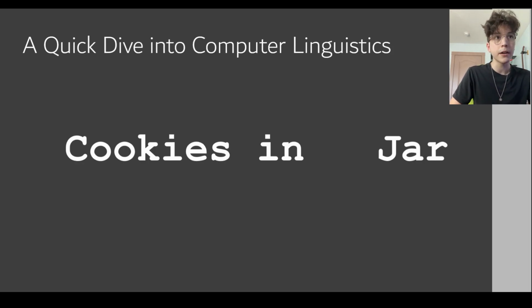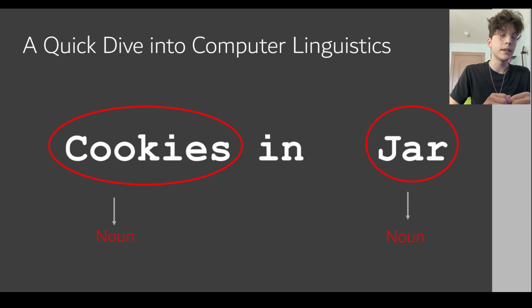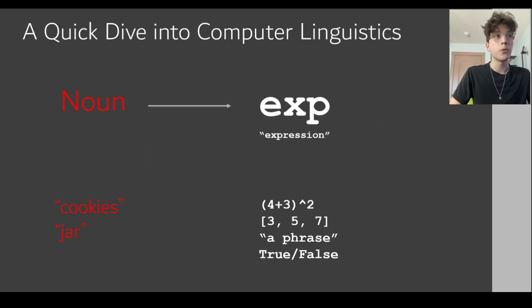And then we should start categorizing the words. So cookies would be a noun, and so would jar. That's pretty simple. But a computer doesn't really understand what a noun is, so we call them expressions in computer linguistics. And an expression can be anything. It can be a math equation, it can be a list of numbers, it can be cookies, jar, any sort of phrase.